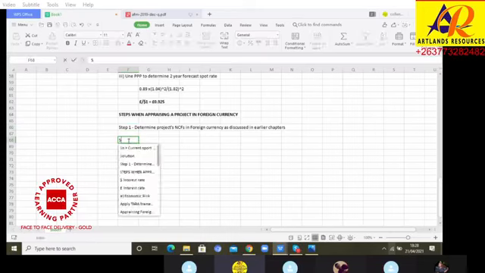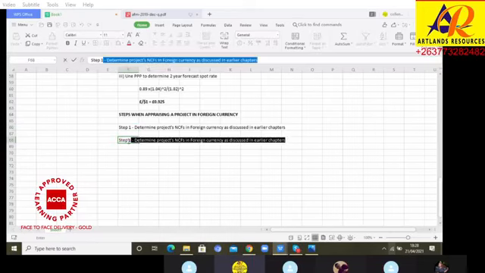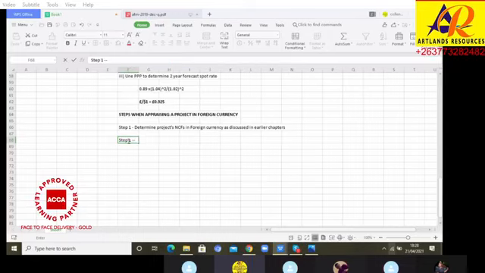Step number two is convert foreign currency net cash flows to domestic currency. Don't think domestic currency is always the dollar. No. If the company is in Japan, it will be Japanese yen.